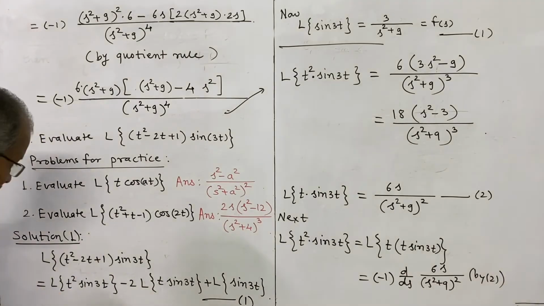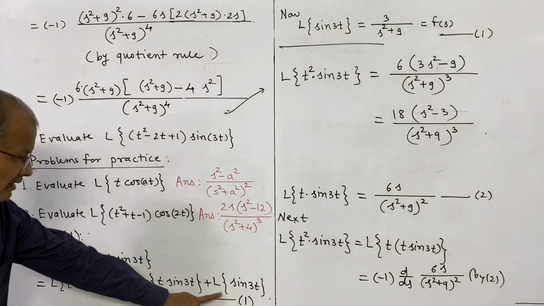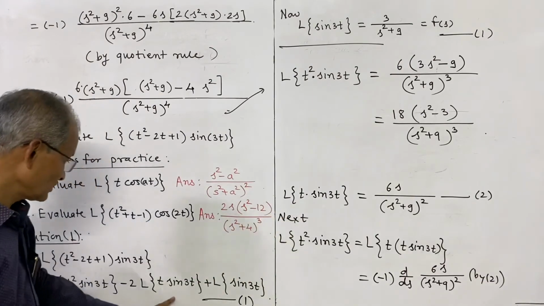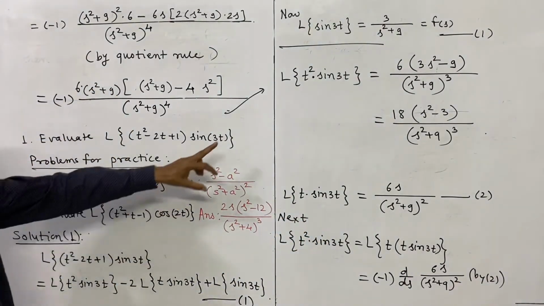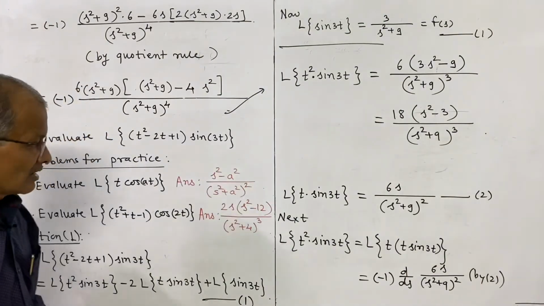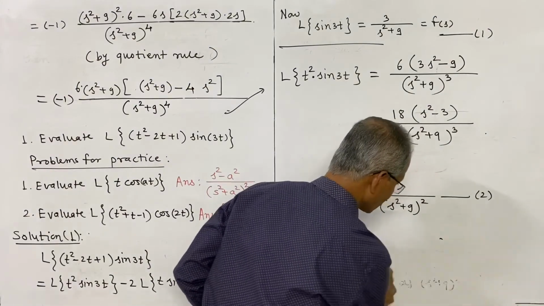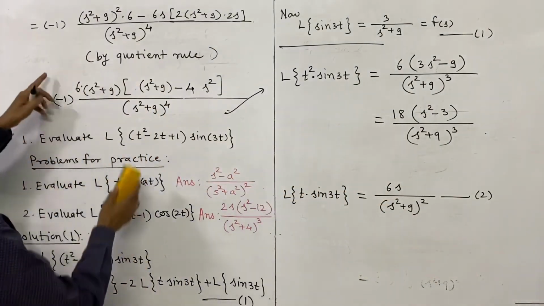Now we shall put these values in equation 1. We have separately obtained L of sine 3t, it is here. We have obtained L of t into sine 3t, it is in second equation, and we have now obtained L of t square sine 3t here. So putting these values in 1, we get the required result. So I shall write here now.